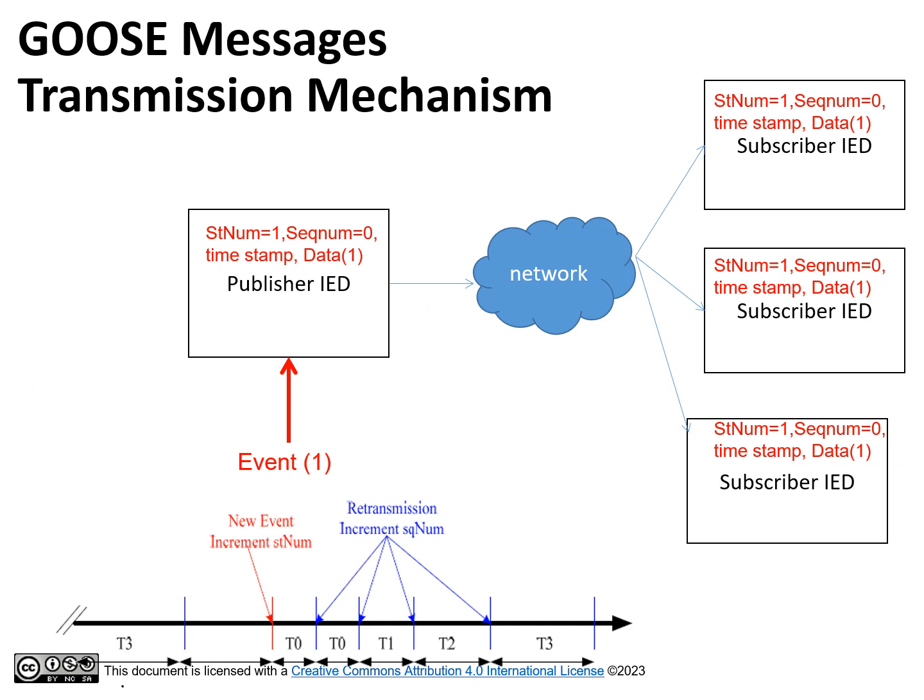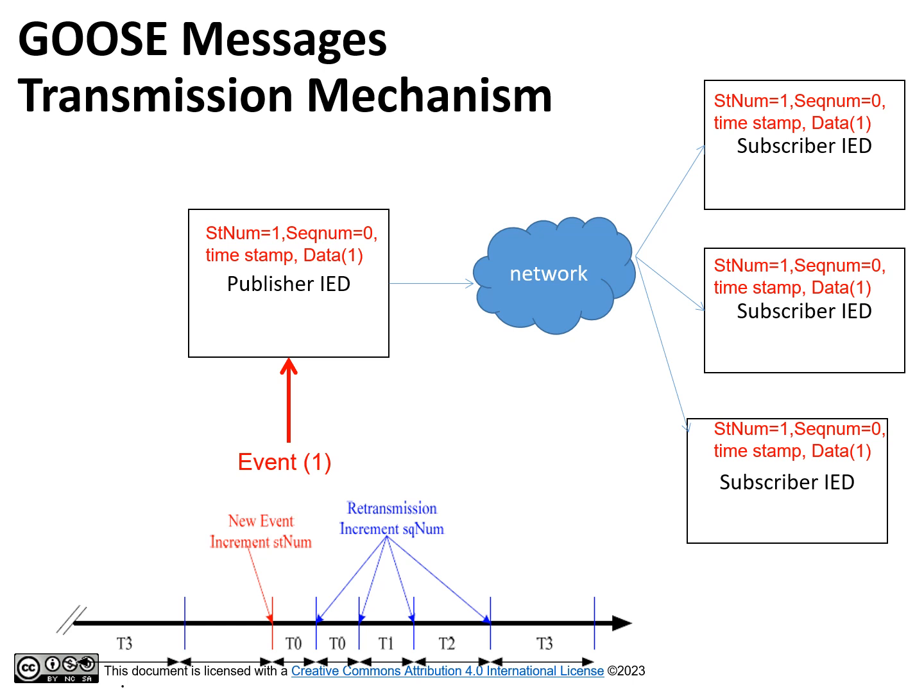Each goose message has a status and a sequence number field, stNum and sqNum respectively. When an event occurs, for example, an overcurrent is sensed, the IED instantly transmits a message with an incremented stNum field. The message is then repeated with variable increasing time delay until the maximum defined period is reached.